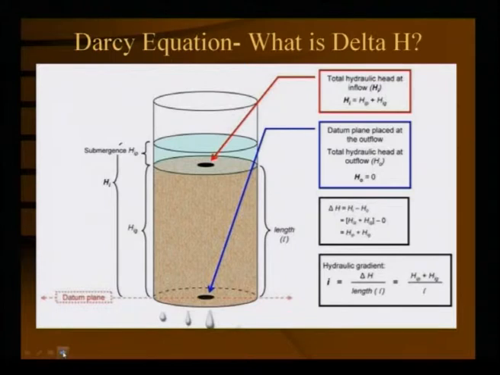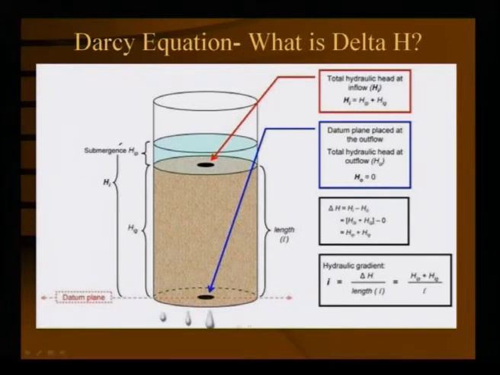If you look here, this is the length of the soil plus this is the water. The datum plane is placed at the outflow, that means where the outflow will be, the datum plane has to be placed. This is my datum plane. So, the total hydraulic head at outflow H0 is equal to 0, because the datum plane has been placed here.